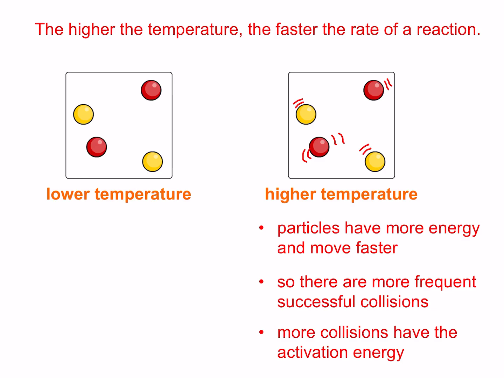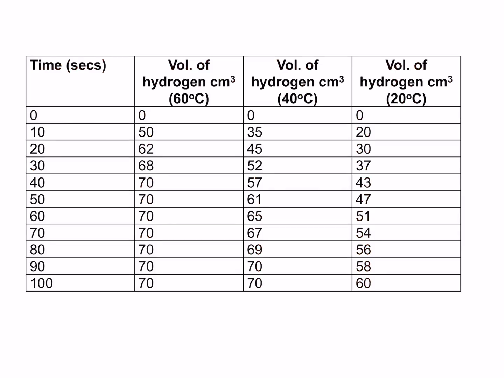Now you're going to be sent a document. There's going to be another graph. I'm getting lots of positive comments about the graphs. You love the graphs. So there'll be another graph to draw. Time against volume. This is a graph of magnesium reacting with hydrochloric acid and making hydrogen.